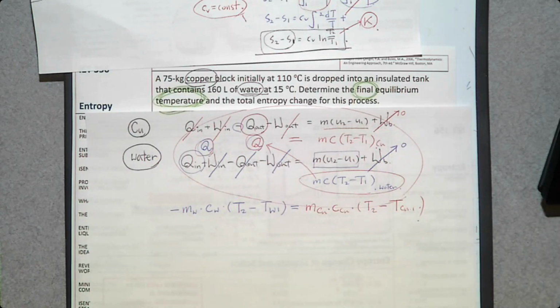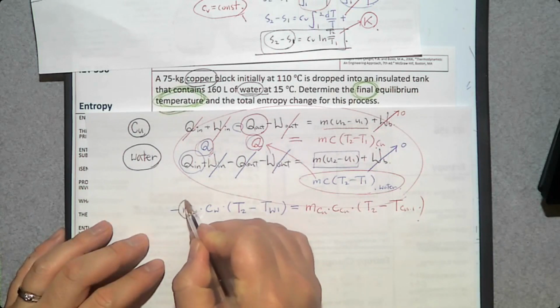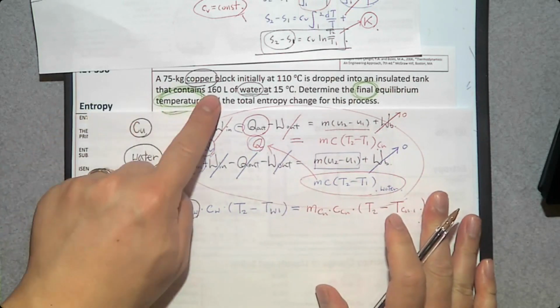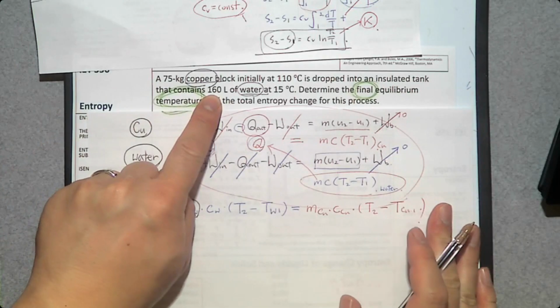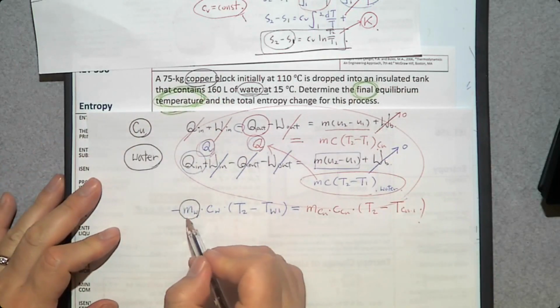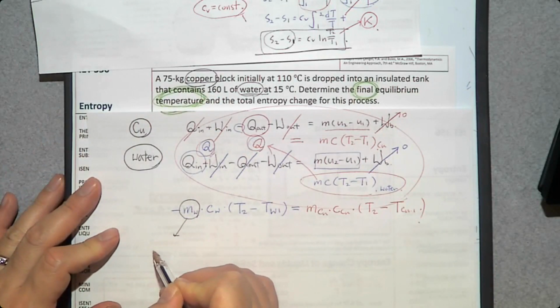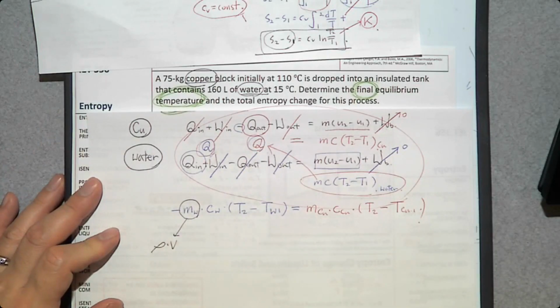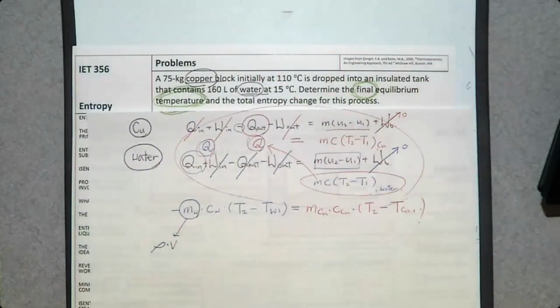Then what is the mass of water? Let's see. Oh, we don't have the mass, but we know the volume. Then can you determine the mass? Yes, no problem. Mass is density times volume. What is the density of this water?